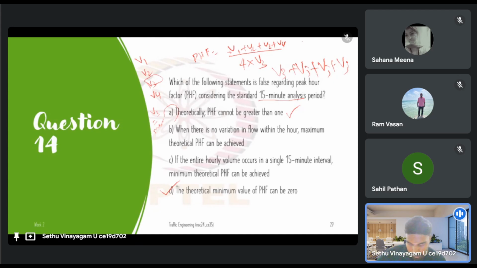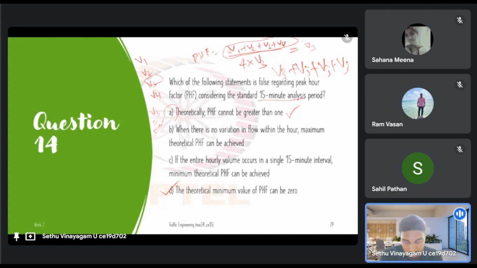So option B: when there is no variation in flow within the hour, theoretically the maximum PHF is achieved. Which means V1 equals V2 equals V3 equals V4. So that is when the numerator and the denominator become equal. So let us say all of them are equal to V3.